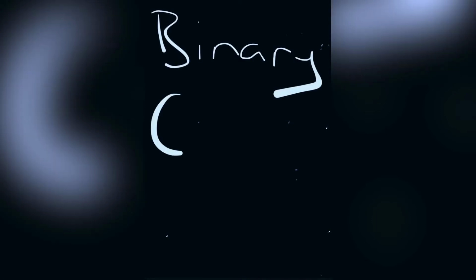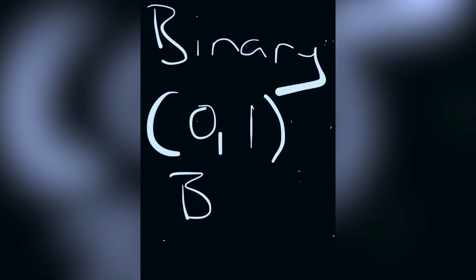Now let's look at binary system. It has 0 and 1, which makes 2 digits. So that gives it a base 2. Let's look at octosystem.